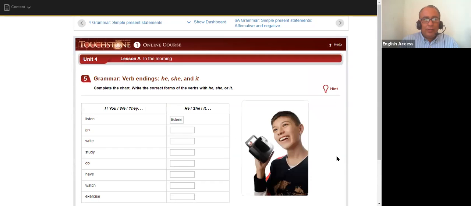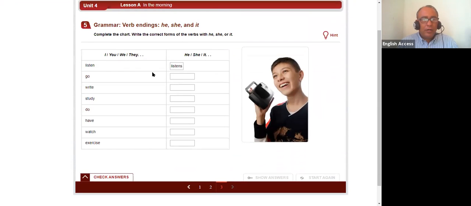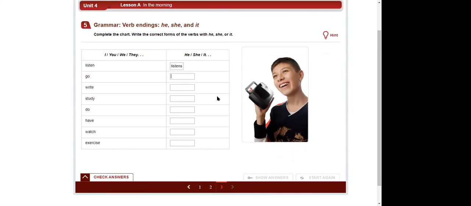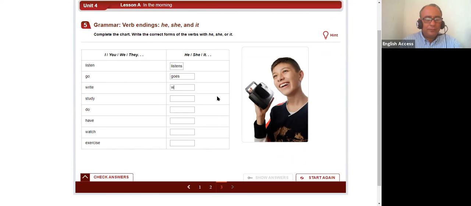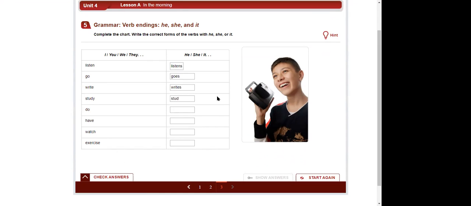Number 3, to finish the grammar. For example, listen, listens. What is the correct verb ending for go? Goes. Very good. Write, writes. Study, studies.